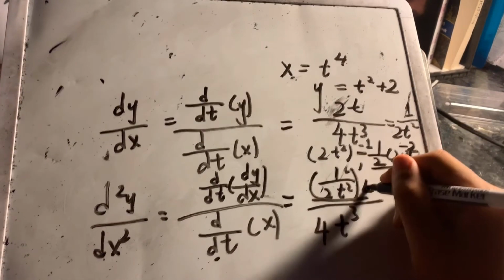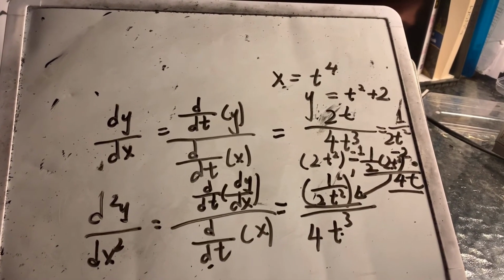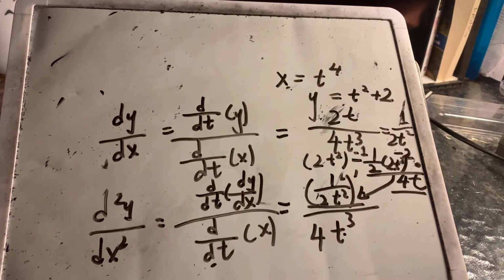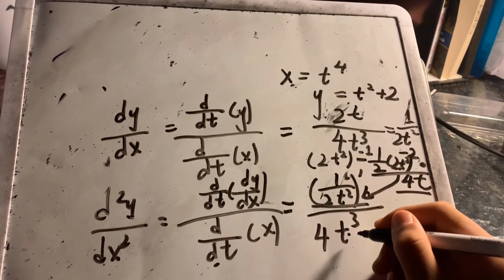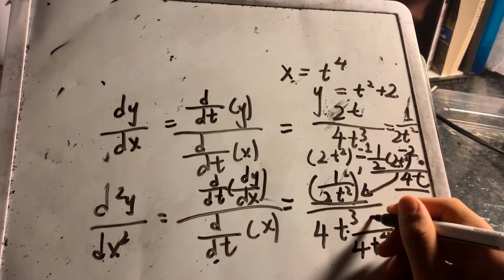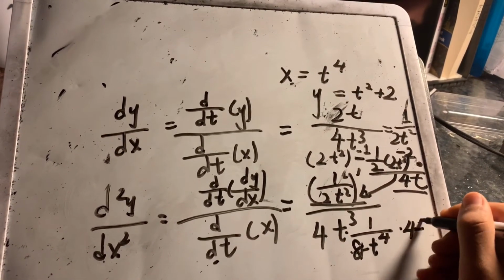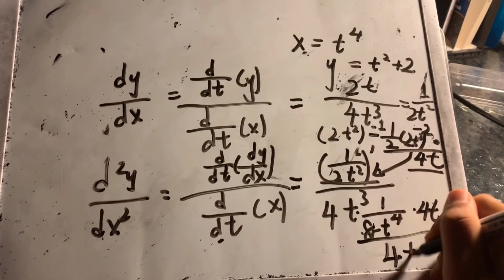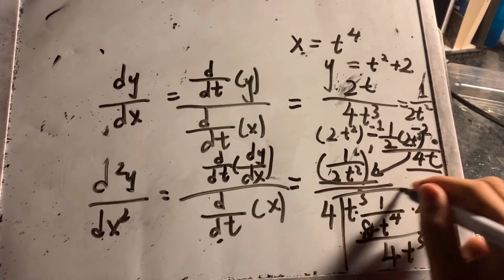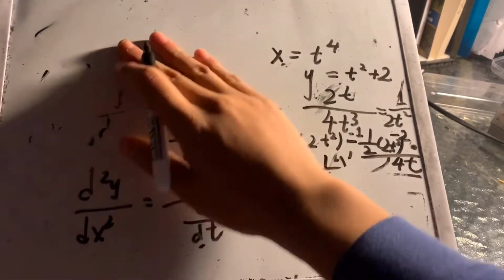You calculate this, divide by this, and you are done. Since it is too complicated, I'm not going to write it out here, but if you want to show it, it should be like this: 8 times 4t divided by this. This is going to be the final answer for the derivative. This is just how we calculate the derivative of the parametric curve.